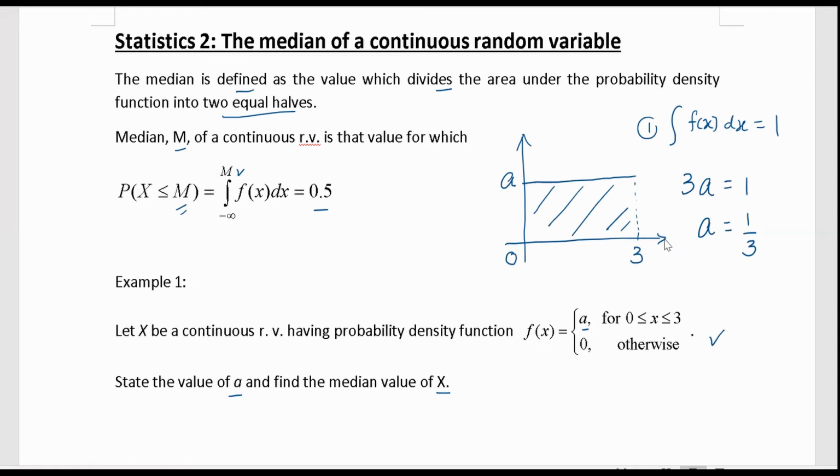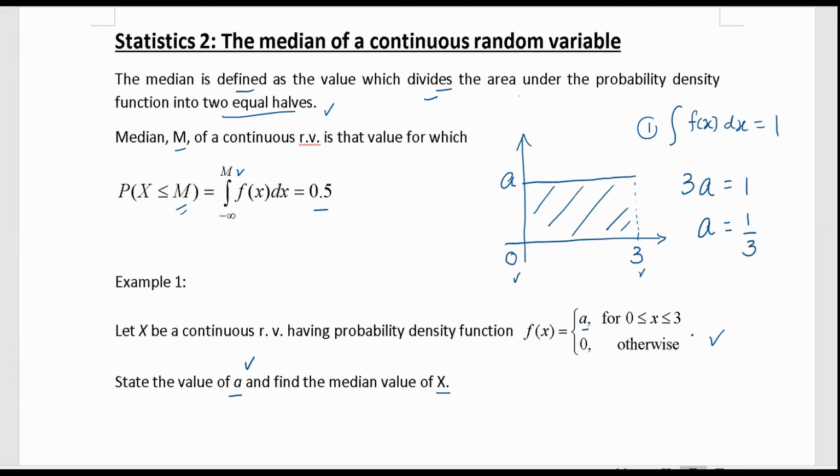So from this PDF we have found the value of A, and then we are going to find the median of X. According to the explanation here, the value of the median must be a value between 0 and 3, and it divides the area under the PDF into two equal halves.